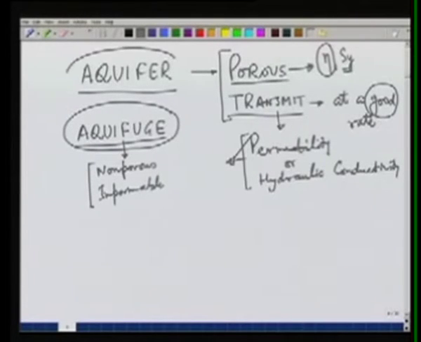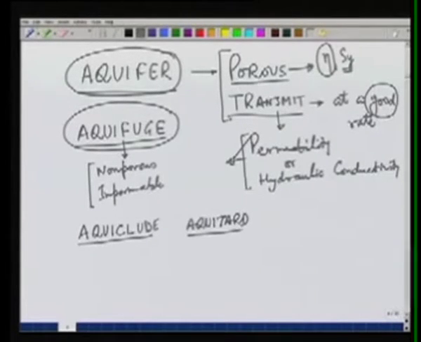Aquifer is the one which we will be using most often. So this term aquifer we will be using to refer to all soil formations which are of use to us. The other two classifications are aquiclude and aquitard. So aquicludes are porous and less permeable.